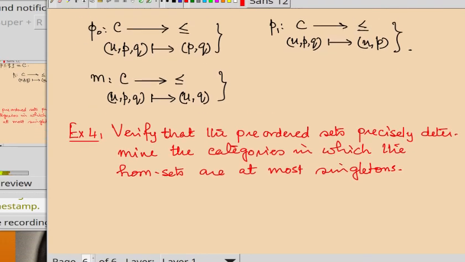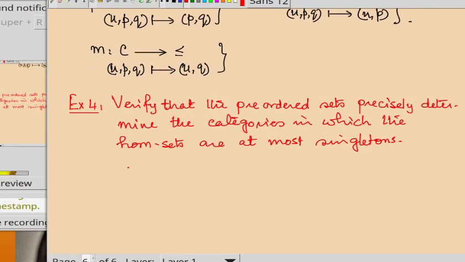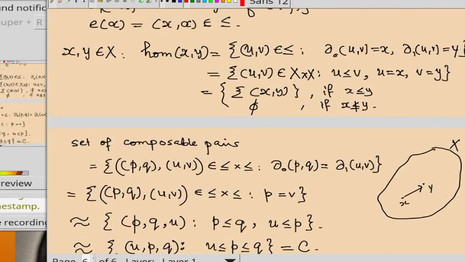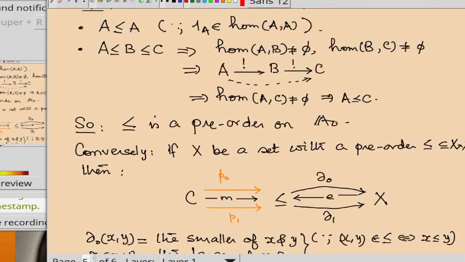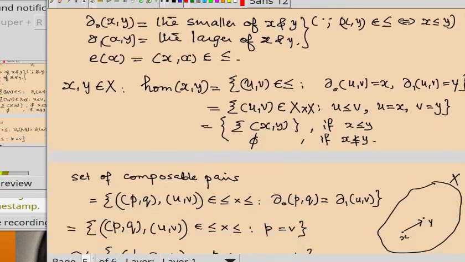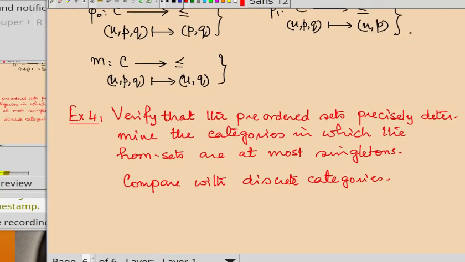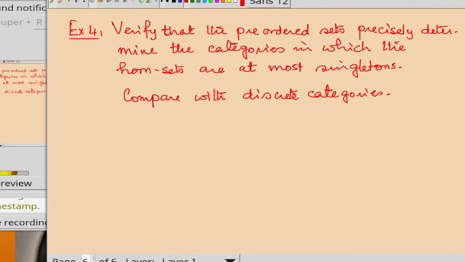And compare with discrete categories. Okay, so that's the situation about trivial set of morphisms being trivial.